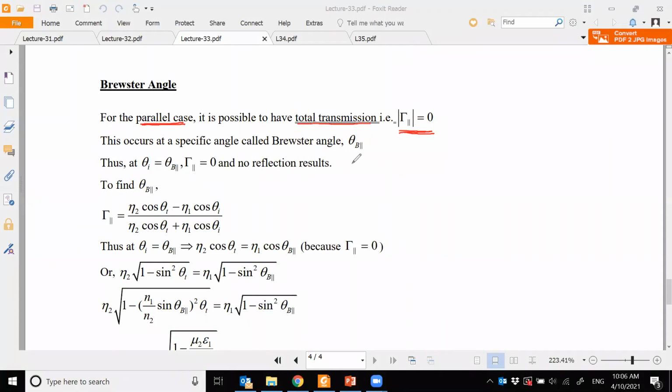And at what angle? The angle at which, if you shoot the wave at the interface, you get total transmission or zero reflection is called the Brewster angle. Okay. And therefore it is called theta B parallel. Why? Because this exists only for the parallel case, not for the perpendicular case. And how to find this angle?